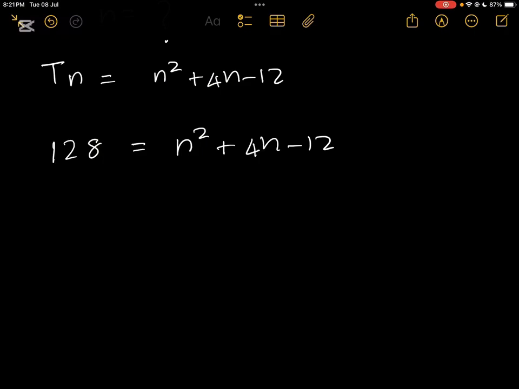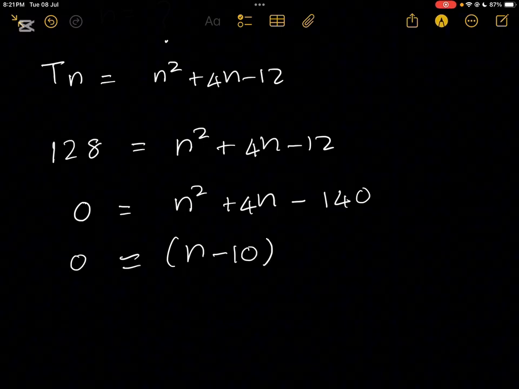Now we solve this as a normal quadratic equation. 0 is equal to n squared plus 4n. We take 128 over, so we'll get -140. Factors are n minus 10, n plus 14.